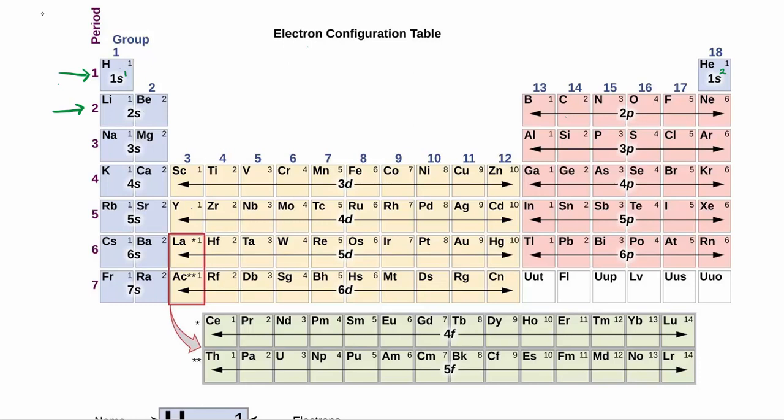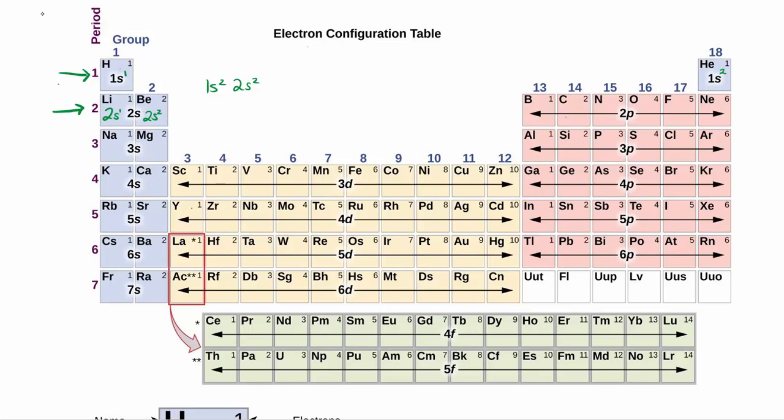And then the full electron configuration for lithium would be 1s2, showing that we have filled that orbital, and then 2s1. Beryllium would be 2s2, so beryllium's electron configuration would be 1s2, 2s2. Boron, we would add to the p shell. We've now filled up our s orbital.